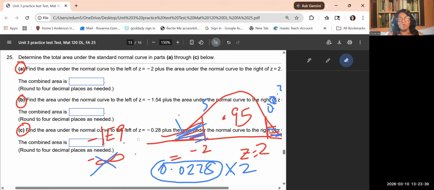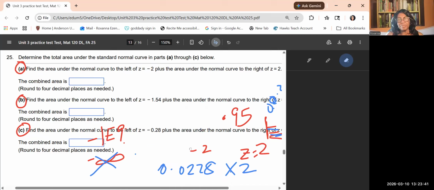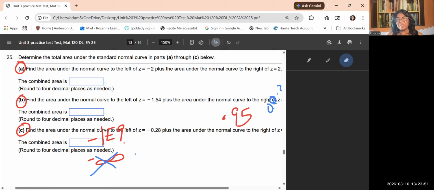As I said before, if you're just coming in, this unit contains chapter 6, discrete probability distribution and binomial distribution, chapter 7, normal distribution, and chapter 8.1, central limit theorem.